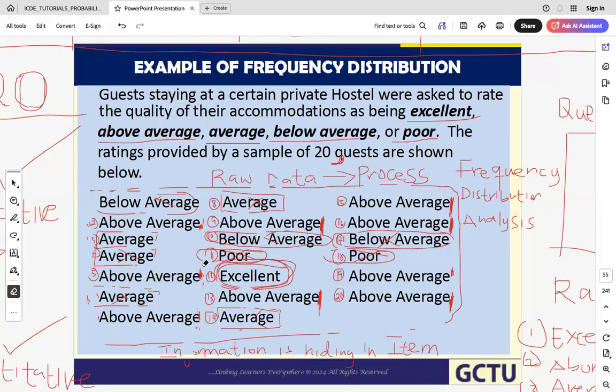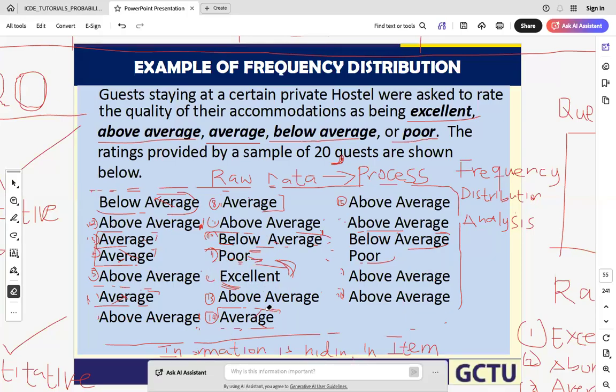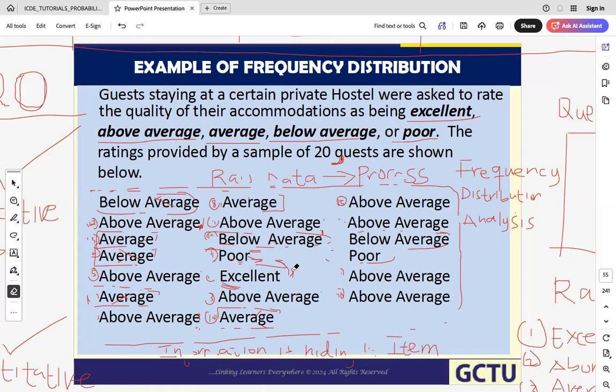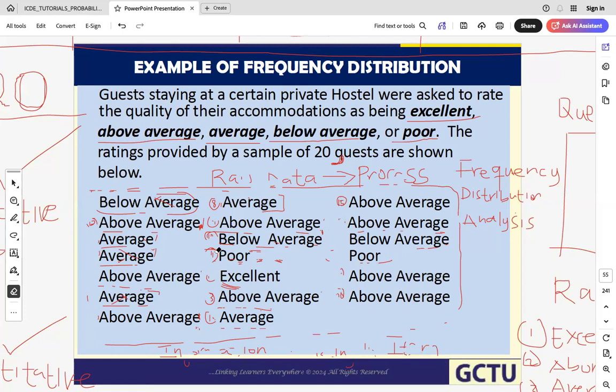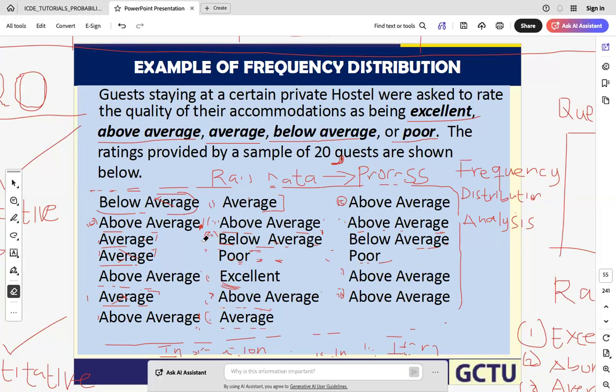The ordinary person who is not analytic will not see that there is information in this. All they will see is that you have just written average, below average, above average, excellent, poor, and that is all. So at the end of the day, we'll come back to this data, and you realize that some information was hiding in this data that we didn't know until we process it.